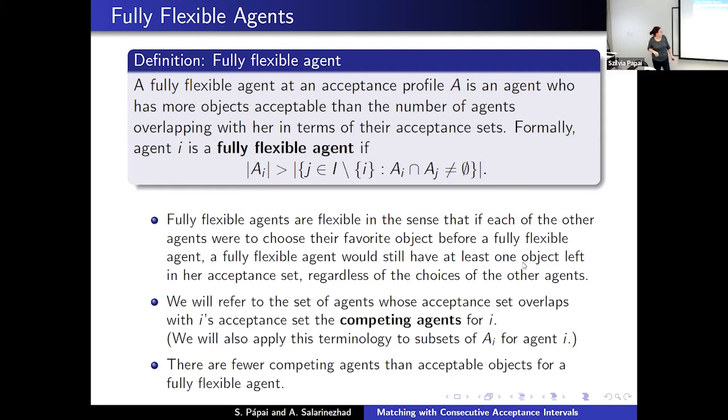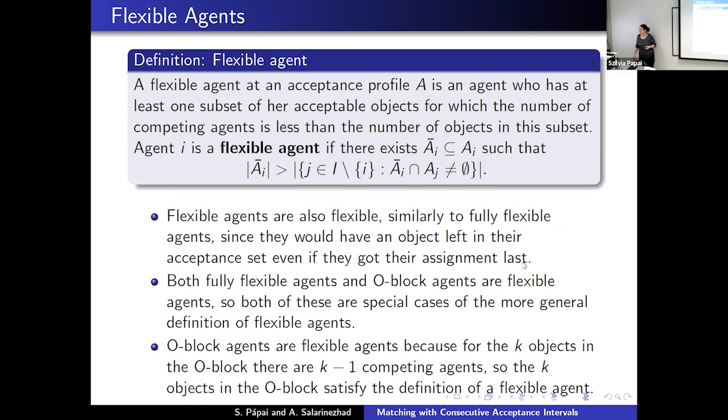So what does this mean? Intuitively, such an agent is flexible in the sense that if this agent went last in the permutation, they would still have at least one object remaining, because they don't have enough competitors for those objects based on the acceptance set. That's a fully flexible agent, and a flexible agent is actually just a generalization of this.